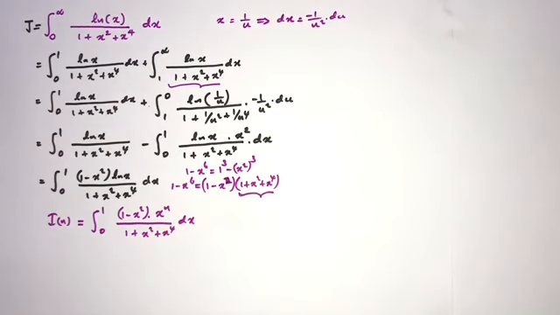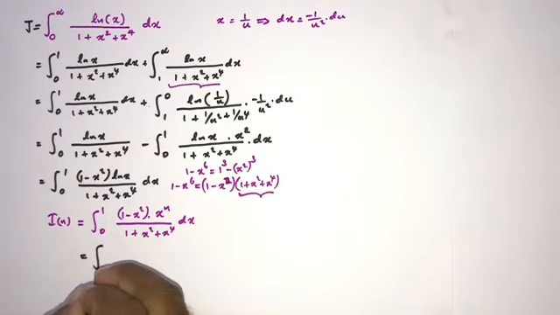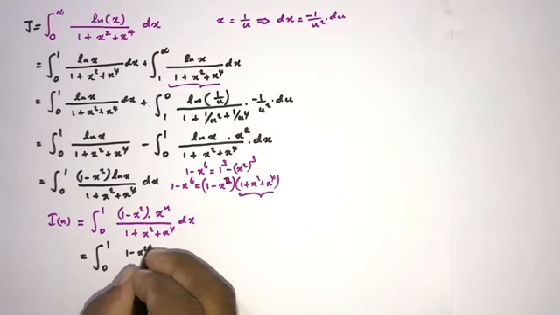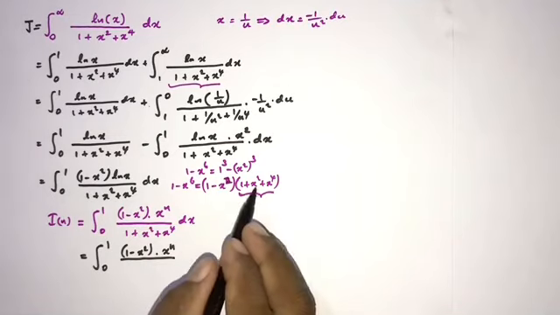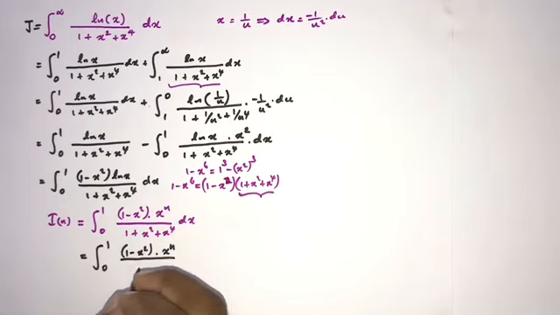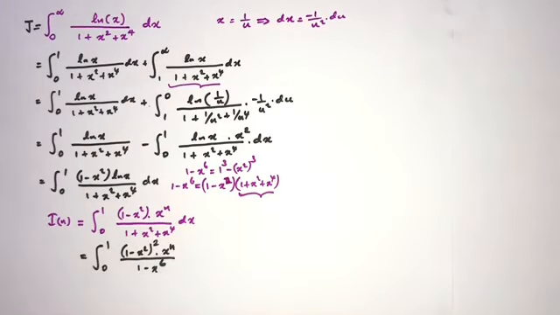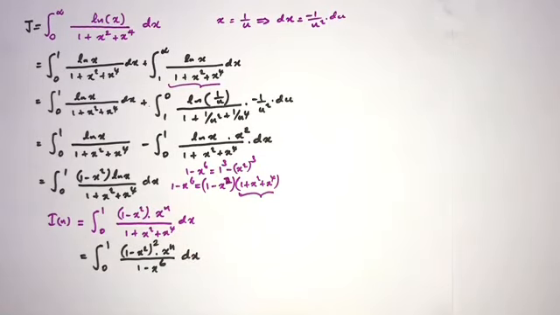So we can write this is equal to integral from 0 to 1 of 1 minus x square, x to the n, and instead of this part we write 1 minus x to the 6th power over 1 minus x square, to the power of minus 1, then dx.